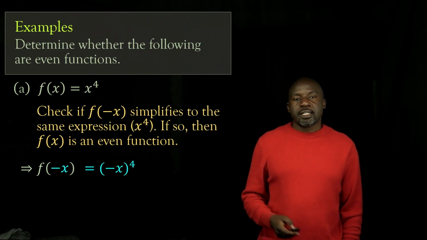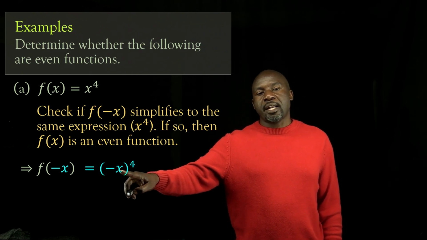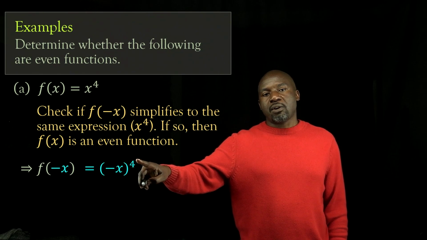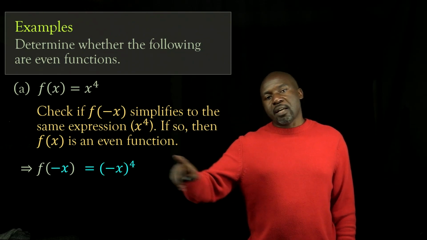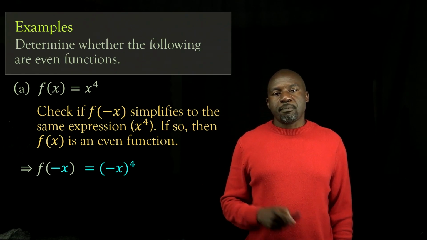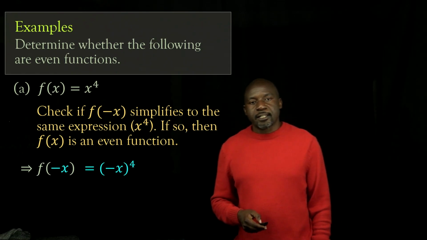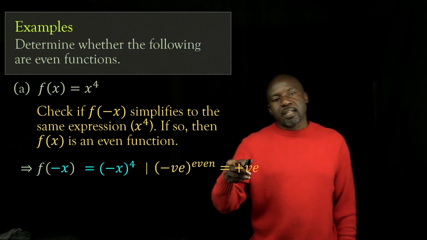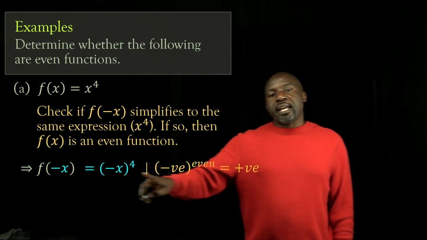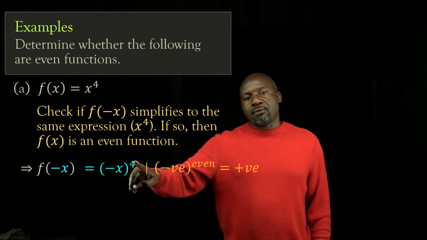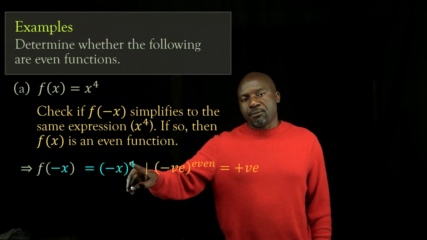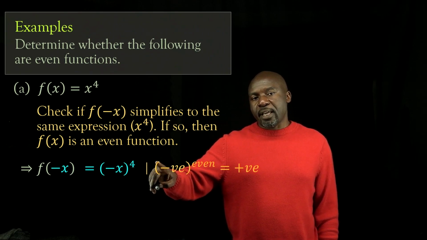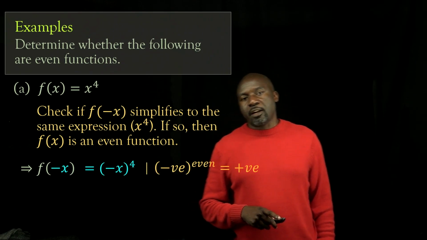Now we know that if a negative number is raised to the power of an even number, the answer is positive, and if it is raised to the power of an odd number, the answer is negative. This is a result that we know. For example, negative 2 to the power of 4 would be 16, but negative 2 to the power of 3 would be negative 8, because 3 is an odd number.